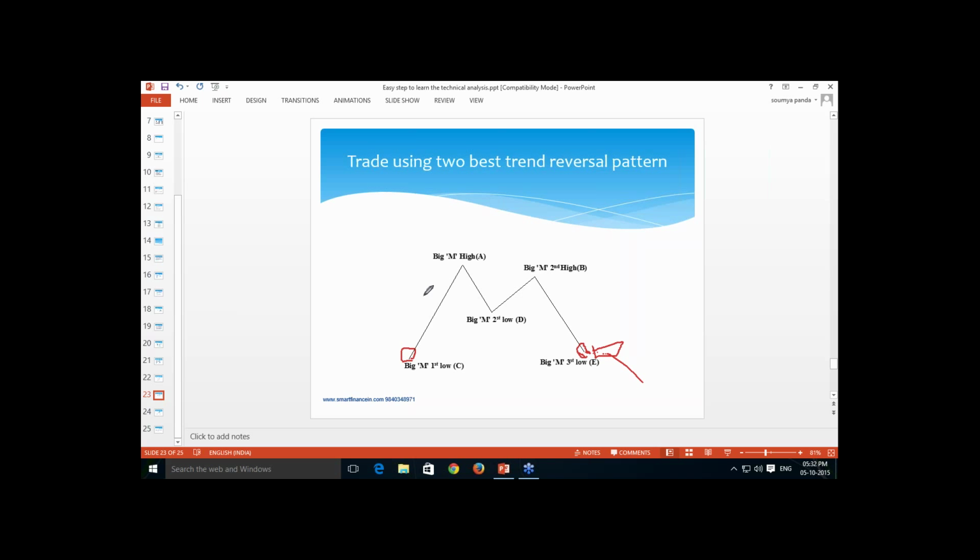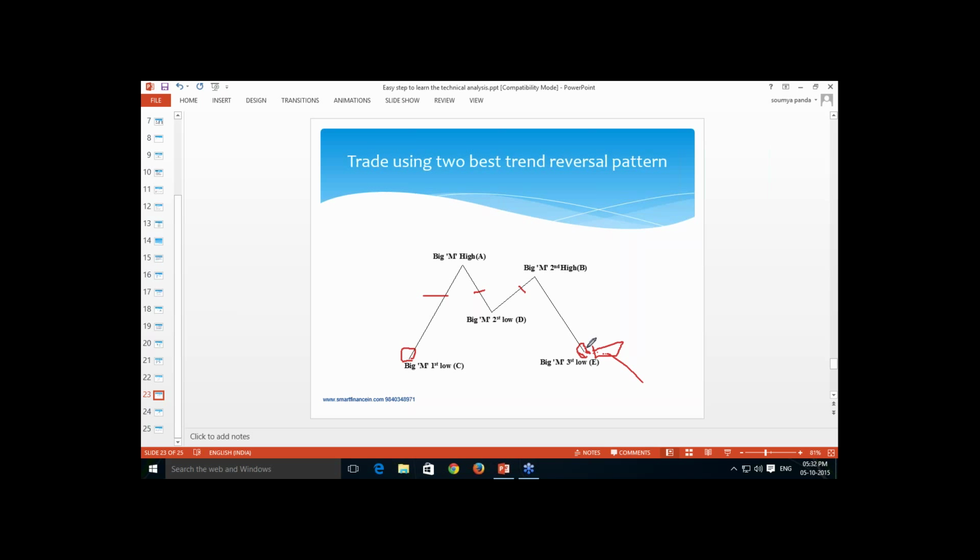So you have to observe whether these 3 formations have obeyed any Fibonacci ratio, any of Gann's principle, Gann's resistance and support levels, or given any Elliott wave formation like 1, 2, 3, 4, 5 wave or ABC. Then you must say that the other one also will follow the same thing.